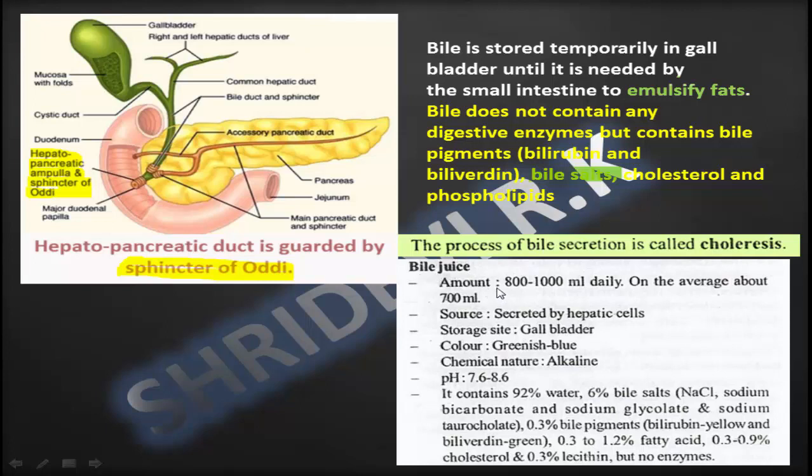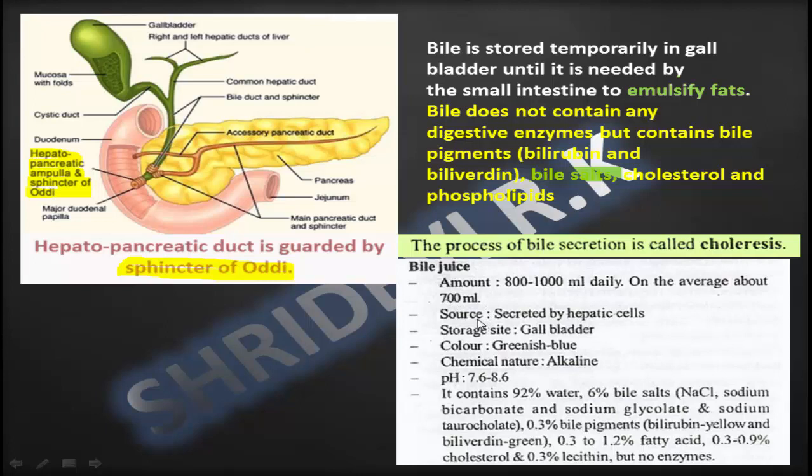The amount of bile juice secreted per day is 800 to 1000 ml. So normally the range is considered between 800 to 1000 ml daily. Average production is 700 ml.